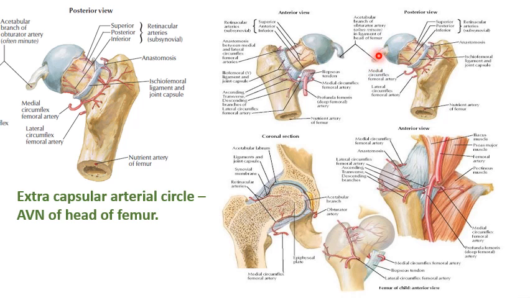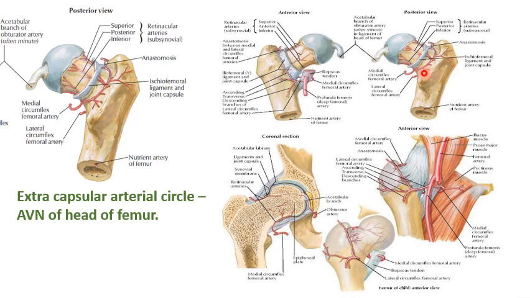So from the ligament of head of the femur, here you can see the acetabular branch of the obturator artery enters inside the hip joint and anastomoses with the retinacular branches or the radicular branches of both the lateral circumflex femoral artery and the medial circumflex femoral artery, which happen to be the main blood supply to the neck of the femur.